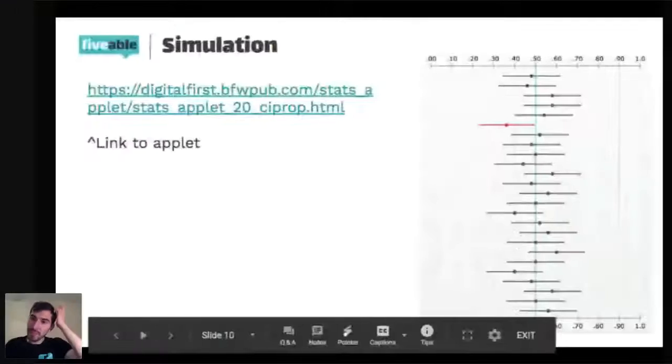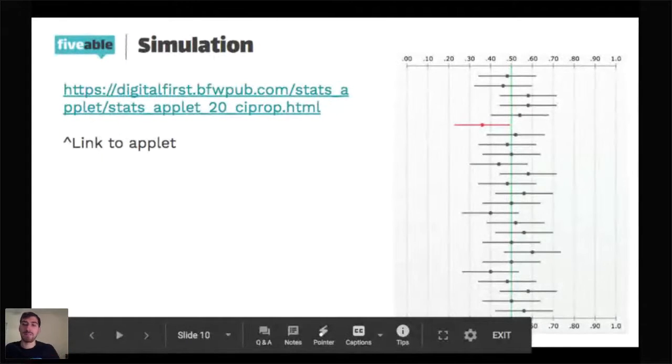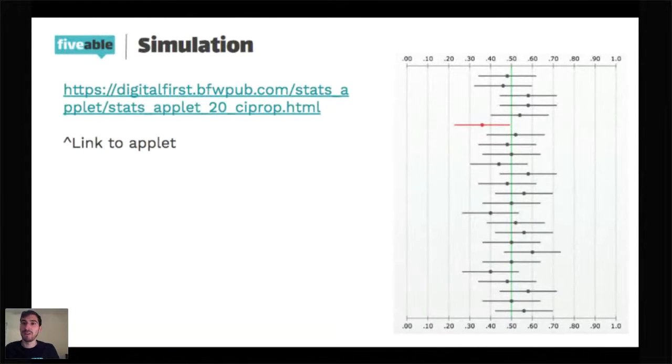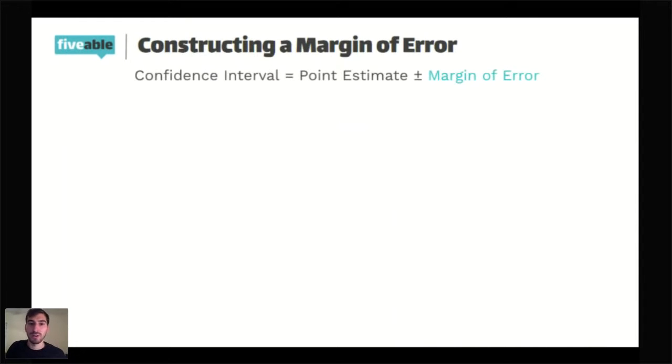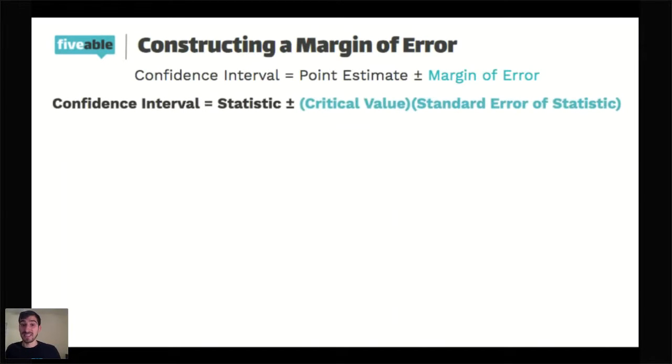So looking at that picture on the side there now, I'm hoping that we have a pretty good feeling of what it represents and what it is. Let's actually dig into constructing a margin of error. So we know that a confidence interval is a point estimate plus or minus a margin of error. Well, on your formula sheet for the AP Stats exam, it actually says this.